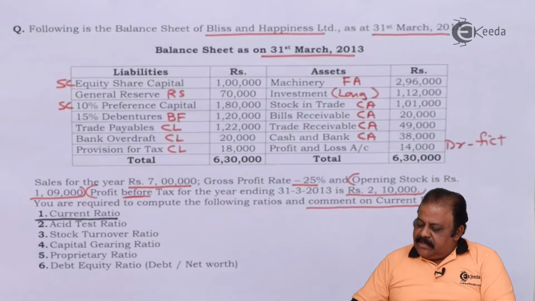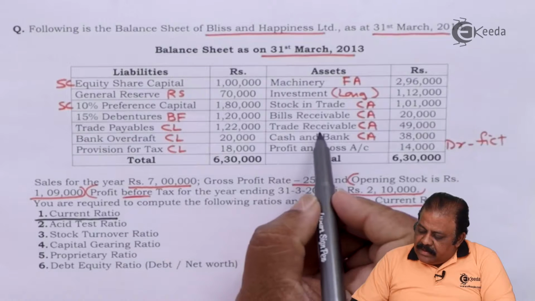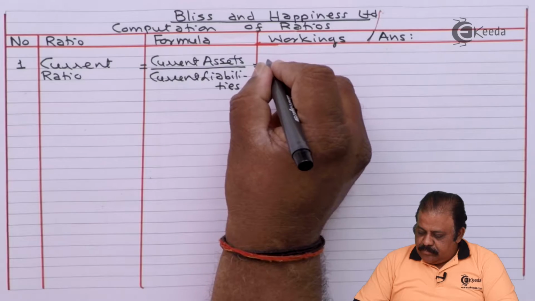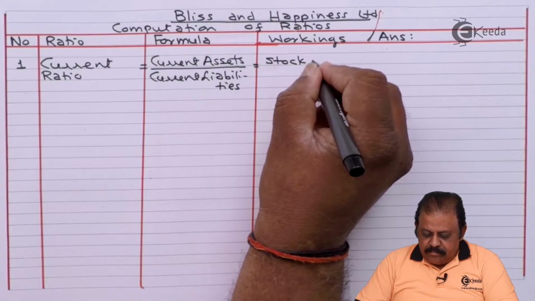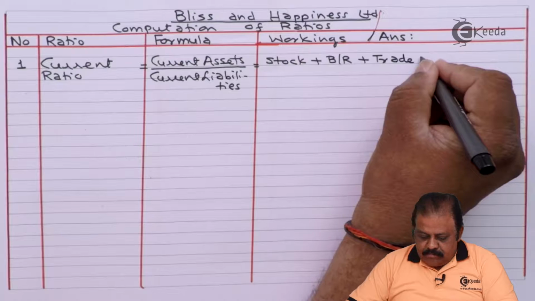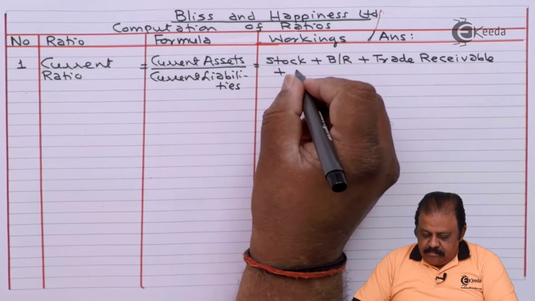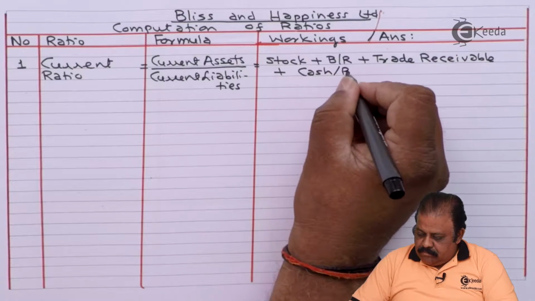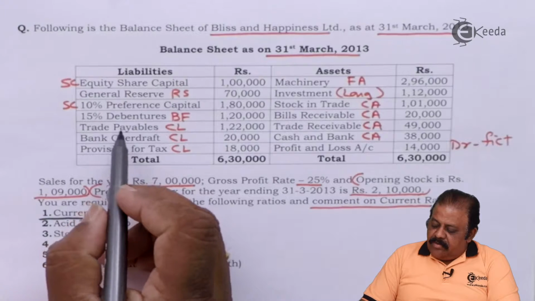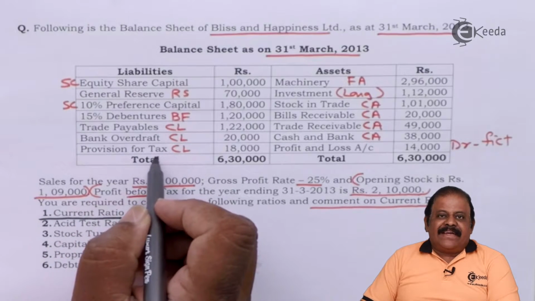Here we have current assets: stock, bills receivable, trade receivable and cash and bank balance. Current liabilities: we have trade payable, bank overdraft, provision for tax.